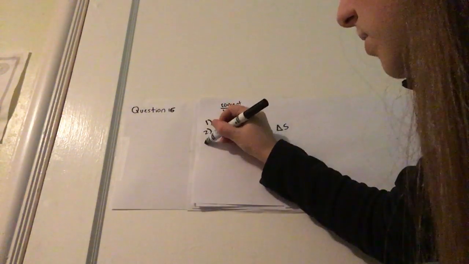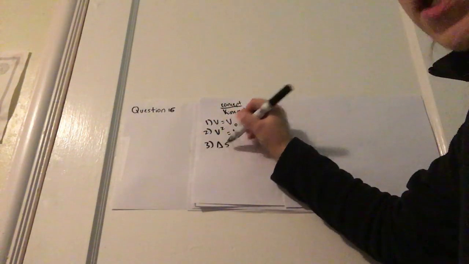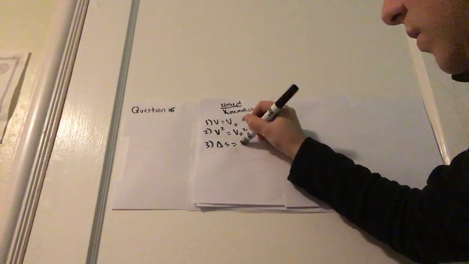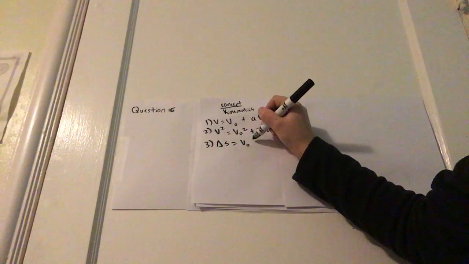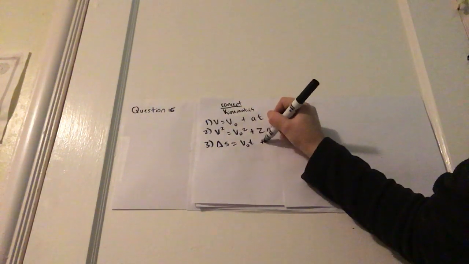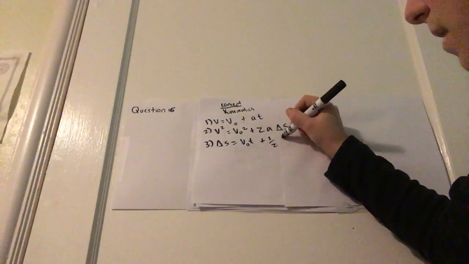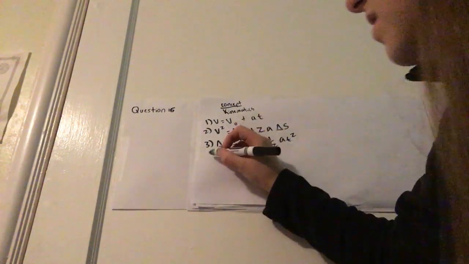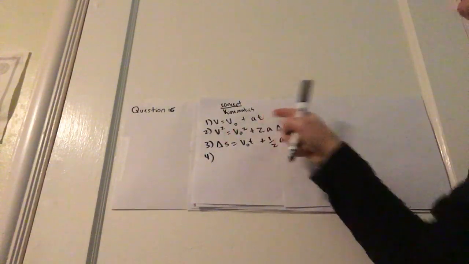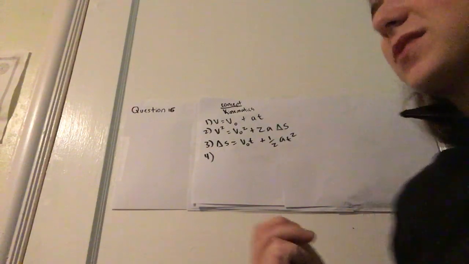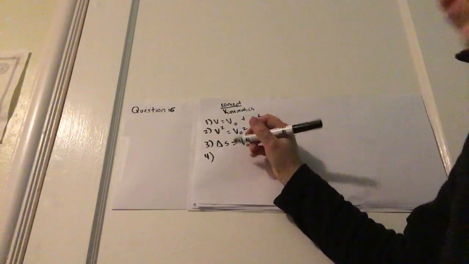And then third one, change in s, or displacement, is equal to initial velocity times time plus 1/2 times acceleration times time squared. And then the last one, these 3 are on the useful equation sheet, but the last one isn't, so I need to memorize it.